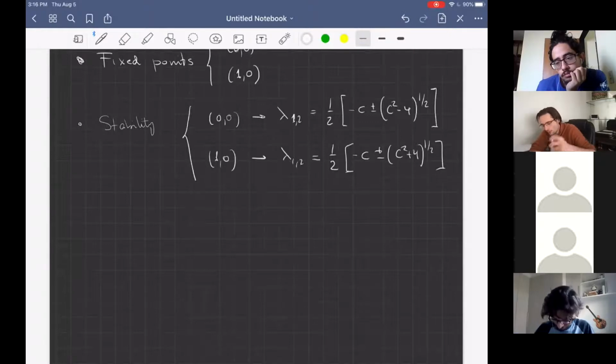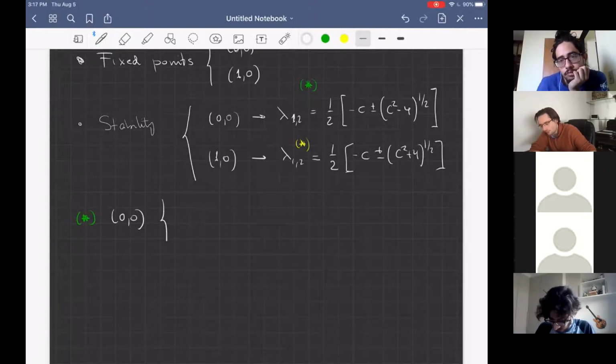So if I call this one green star, and this one yellow star, let's study first the green star, which is 0, 0. Who wants to tell me something about the eigenvalues on this fixed point?